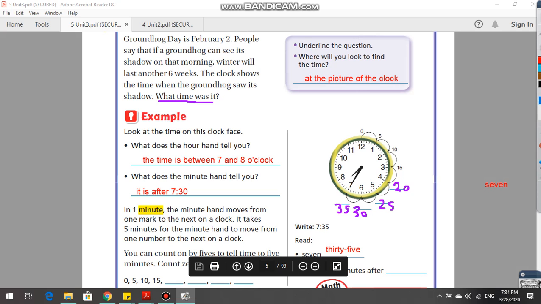So it's 7:35. And I can read it in another way. I can say 35 minutes after 7. So I can say 7:35, or 35 minutes after 7, or I can write it like this, guys, 7:35, or in letters, or I can say 35 after 7.